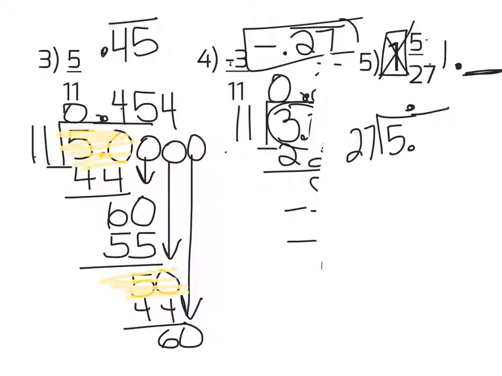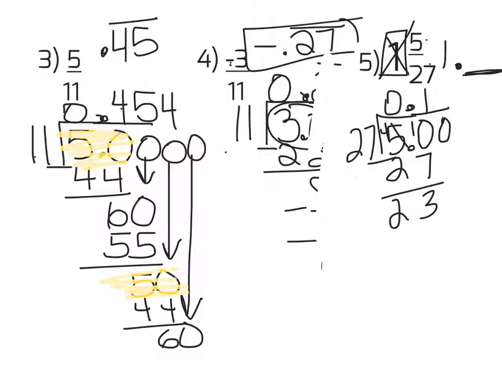Okay, so 5 divided by 27. 27 goes into 5 0 times, and then we're going to make this 50. Well, 27 is going to go into 50 one time, which is 27. Subtracting, 10 minus 7 is 3. 4 minus 2 is 2.